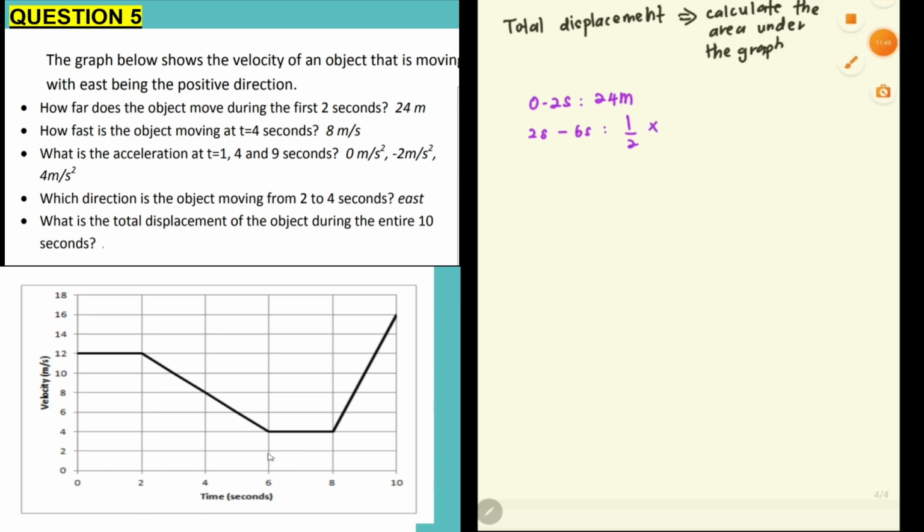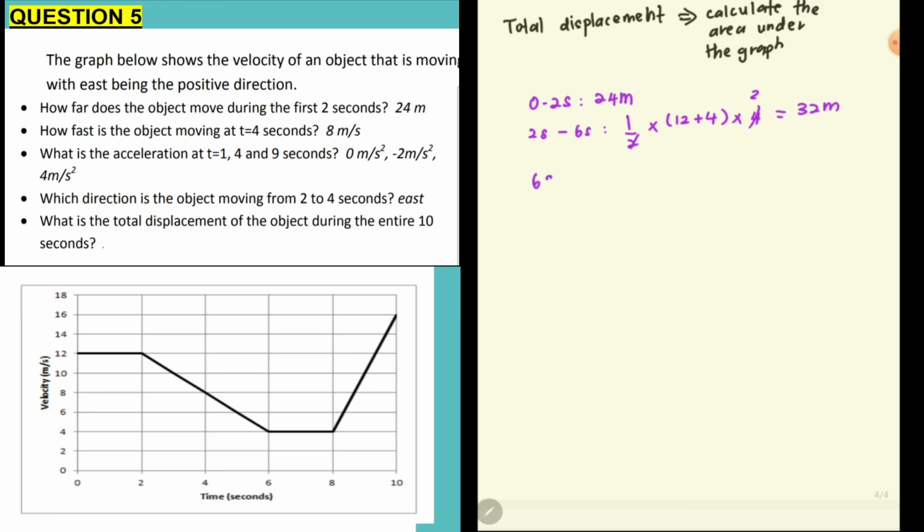So half times 12 plus 4, times the height, ini dia punya tinggi lah, 6 minus 2, tinggi dia adalah 4. Half times 16 times 4. So the answer is 32.